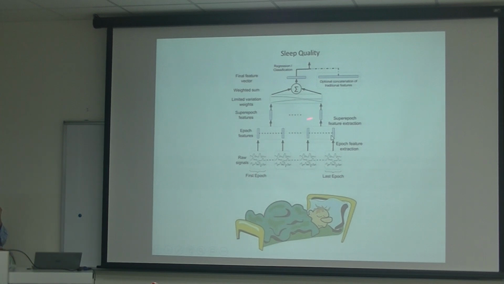Then we want to use these features to tell us the sleep quality or the sleep diagnosis. So that is the whole challenge here. We don't want just results like the diagnosis. We also want to know what features contribute to this assessment. So that is the meaning of explainability.